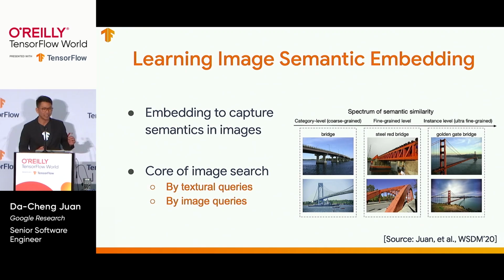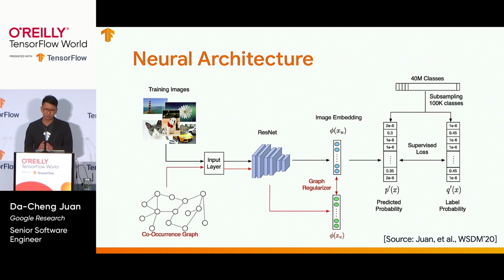Learning such embedding is a challenging task, partly due to the large variation seen among images that belong to the same class or to the same category. Learning image embedding to capture fine-grained semantics, however, is the core of many image-related applications, such as image search, either query by traditional keywords or by an example query image.